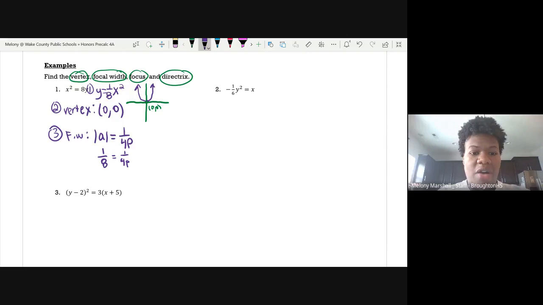And now we can solve essentially for P, or we can think of it as solving for the 4P. We're going to solve for both of those though, because knowing the 4P lets us know the entire width versus we still need the single P as well.